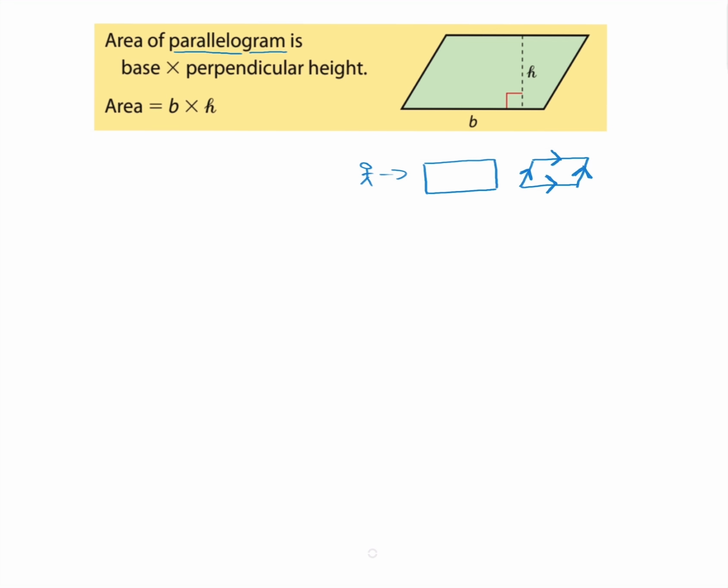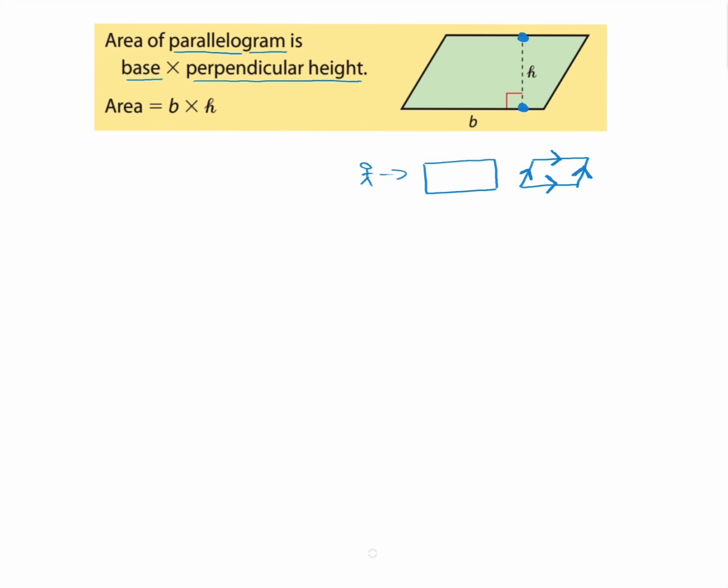So now I'm going to show you how to calculate the area of a parallelogram. And it says here, all you have to do is multiply the base by the perpendicular height. So perpendicular height, that means that you have to find out what the height is from here straight up to here. Okay?